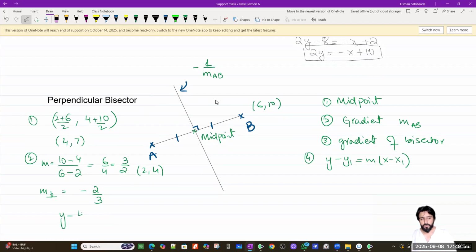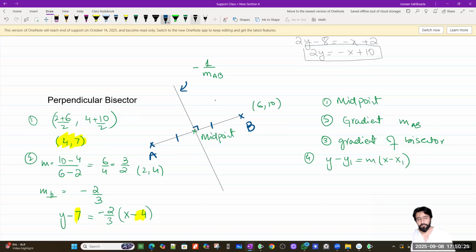Then you simply put y minus y1 equals m, which is minus 2 by 3, times x minus x1. Where's the midpoint? 4 comma 7. So the y value is 7 and the x value was 4, so you plugged this in place of x1 and y1.